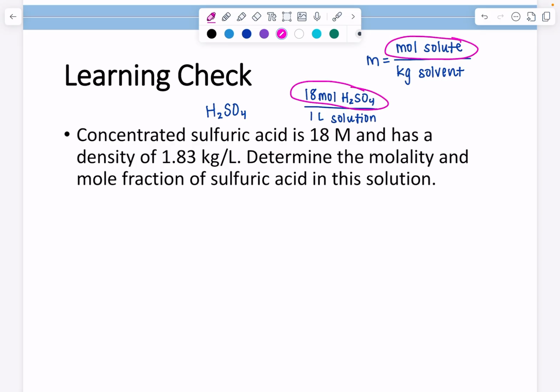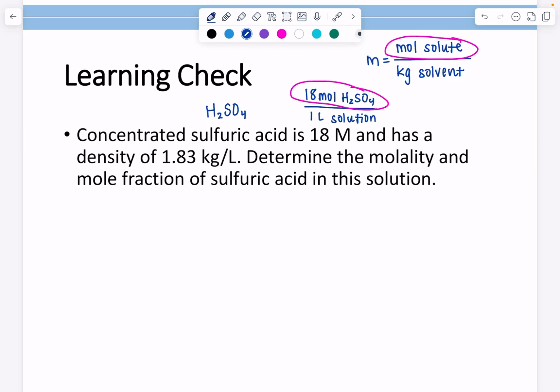But we need to go from that information to kilograms of the solvent. So if we find the kilograms of the solution, that's made up of the mass of the solute and the solvent. So we'll have to find kilograms of solute, kilograms of solution, and then be able to find kilograms of solvent.